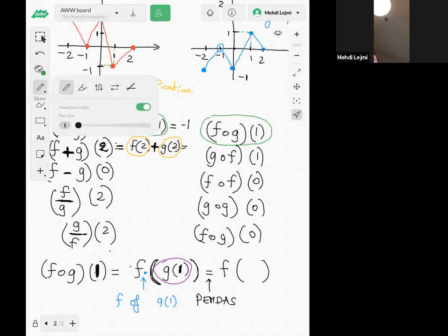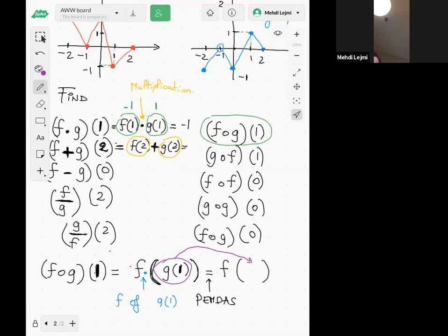So here, this g of 1 is 1. All right, now I'm done with the g. But there's still an f outside, right?